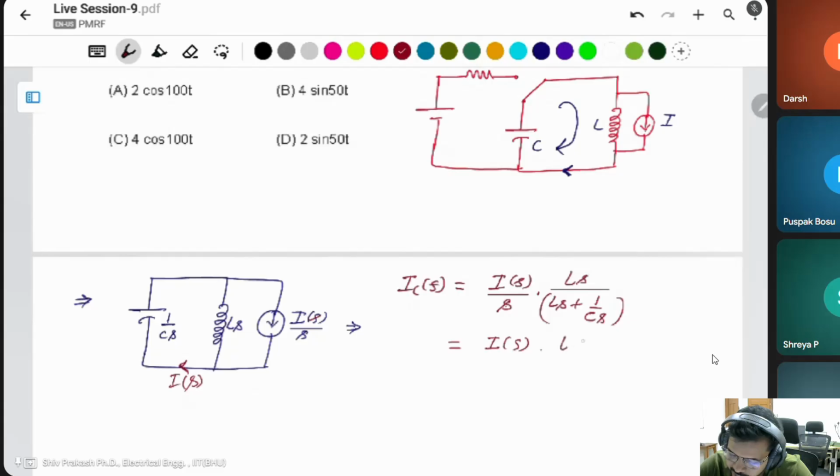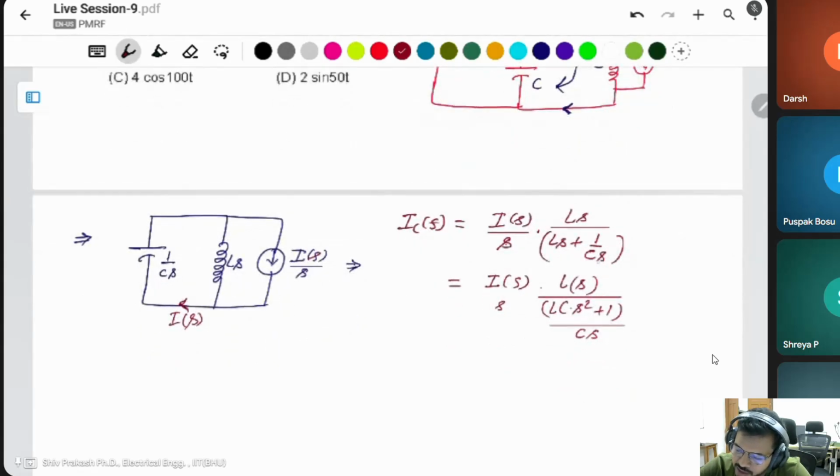This will be Ls, this will be s. Take a common factor. Let's take LC of this one first. This will be LC into s square plus 1, divided by Cs. Cs is the LCM. This s and this s will cancel out.